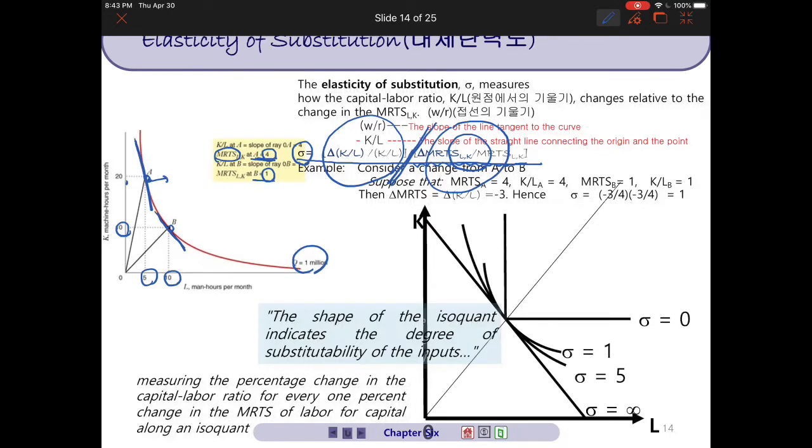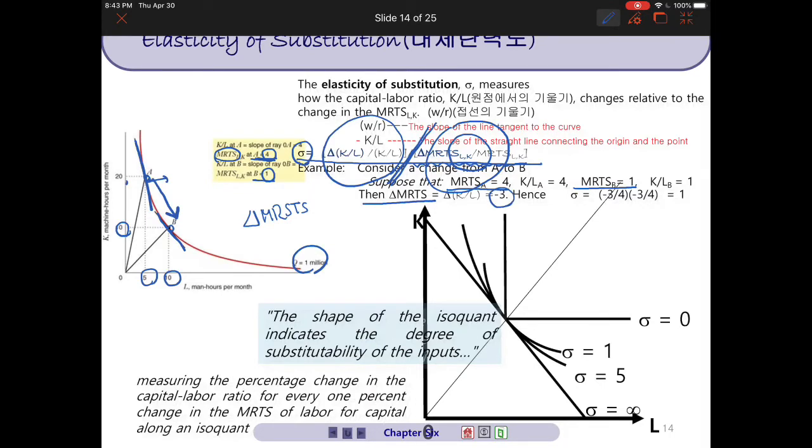For B, it is defined as 1. So let's think about the change from A to B. How much is the change in MRTS? MRTS at A is 4, MRTS at B is 1. So the change in MRTS is -3.